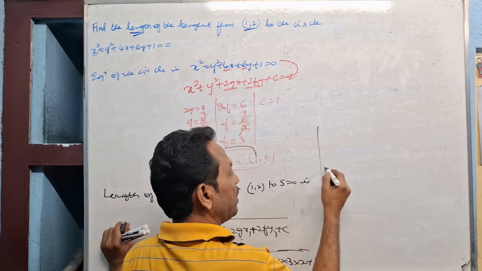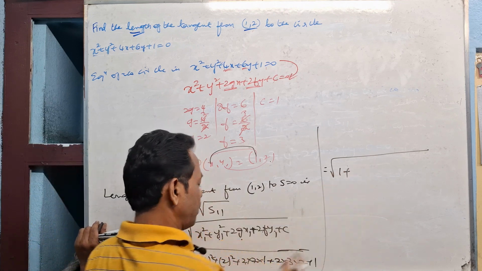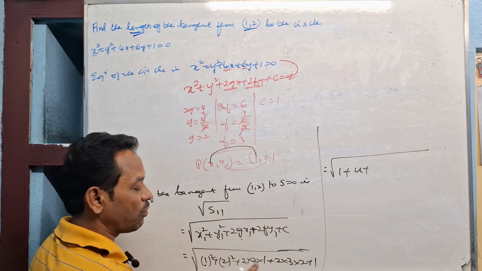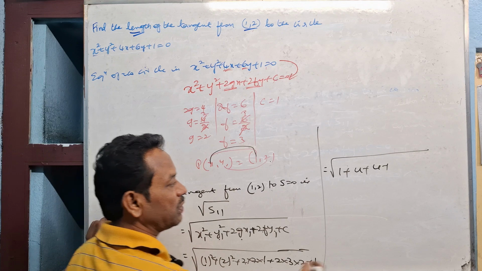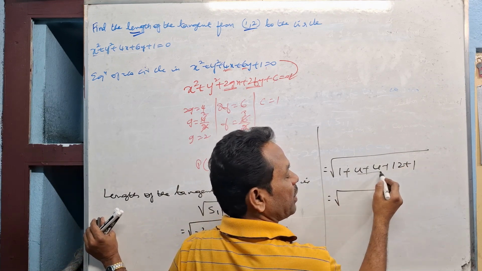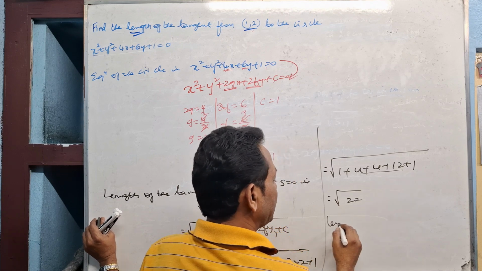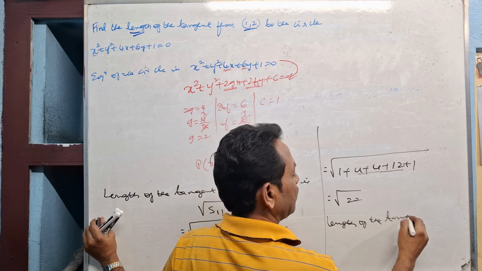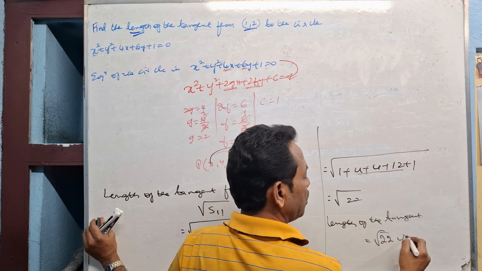So let me simplify. Equal to root of 1 square is 1 plus 2 square is 4 plus 2 into 2 into 1 is 4 plus 2 into 3 into 2 is 12 plus 1. Let me simplify. So 1 plus 4 is 5, plus 4 is 9, plus 12 is 21, plus 1 is 22. So therefore length of the tangent equal to root 22 units.